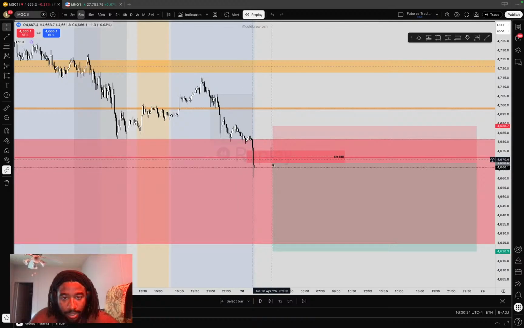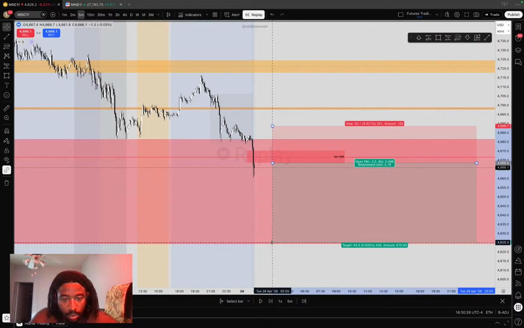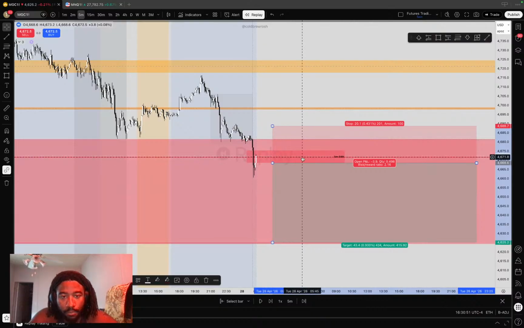Automatically I set the trade to be here, and my target was that weekly consolidation range low, the 413 low, weekly low. Boom, got into the trade. Very next candle, we closed above the consequent encroachment, or 50% mark, of the SIBI.